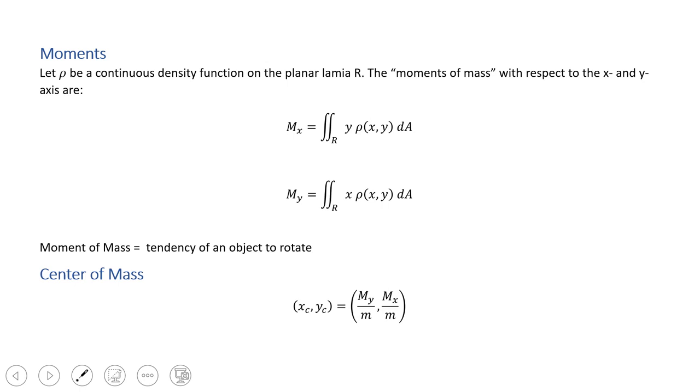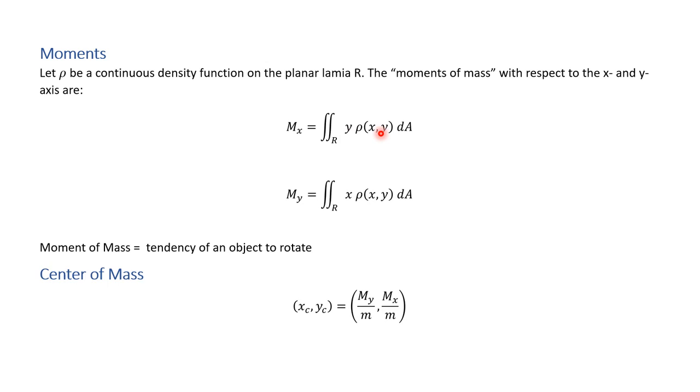But for our purposes, we are just going to talk about M sub x, our moment of mass about the x-axis. So this is going to describe the tendency of the object to rotate about the x-axis. And then M sub y is our tendency for our object to rotate about the y-axis.